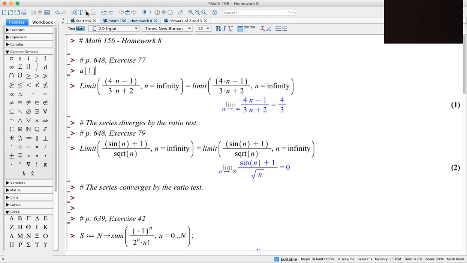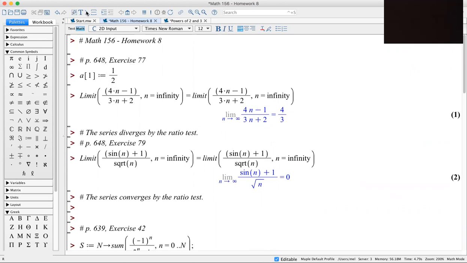We have some sequence where A1 is equal to a half, and we're told that a sub n plus 1 is determined by a simple rule from a sub n, namely a sub n plus 1 is equal to 4 times n minus 1 divided by 3 times n plus 2 times the previous term a sub n.